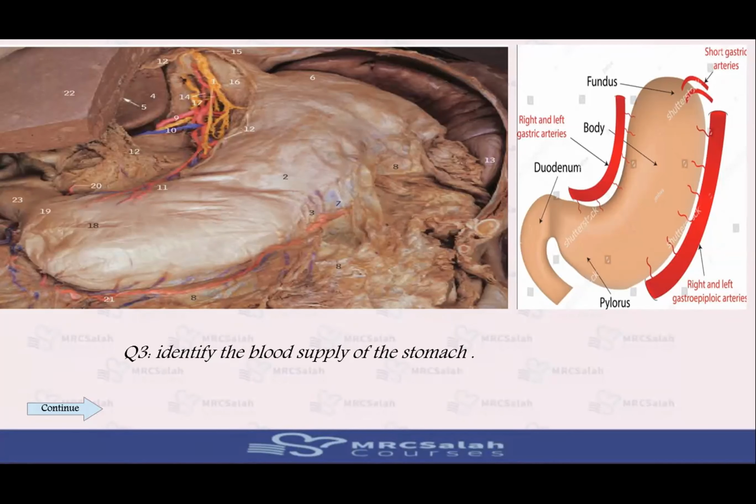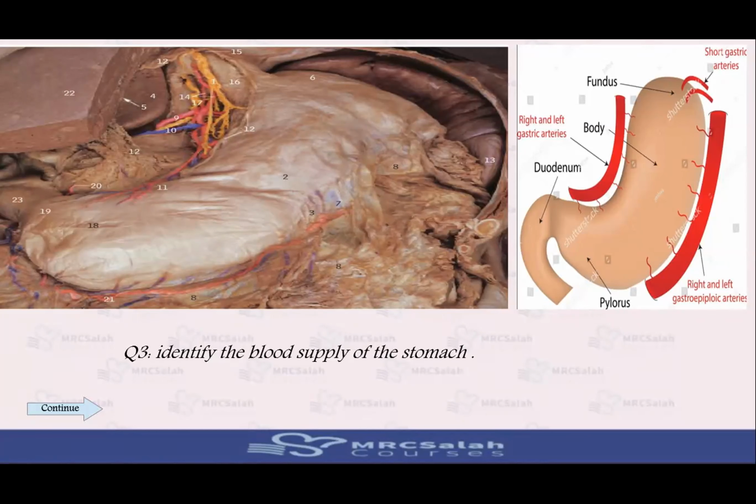The greater curvature is supplied by the left gastroepiploic artery, which originates from the splenic artery, and the right gastroepiploic artery, which originates from the gastroduodenal artery. Okay. What else? The short gastric arteries, which originate from the splenic artery. They supply which part? They supply the fundus. Okay, perfect.